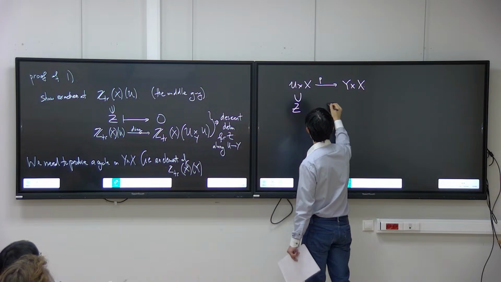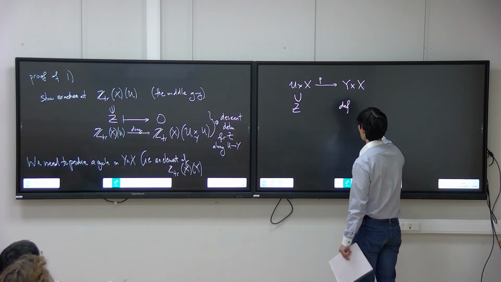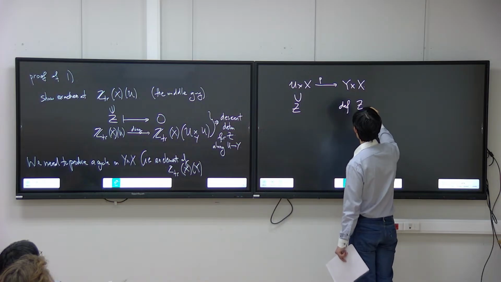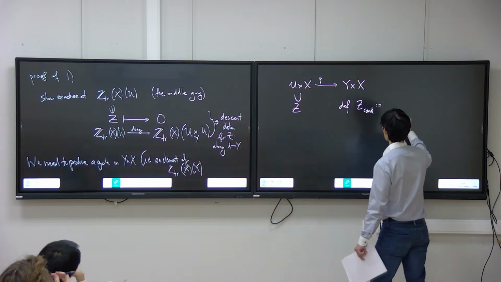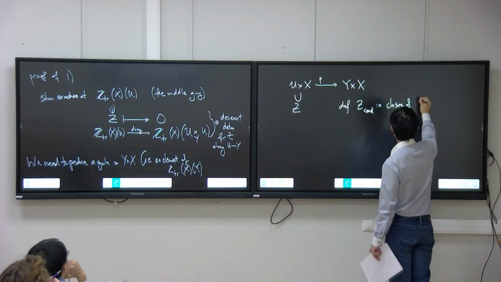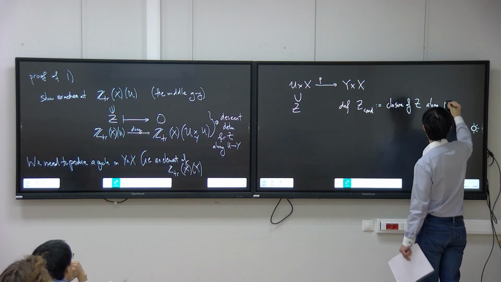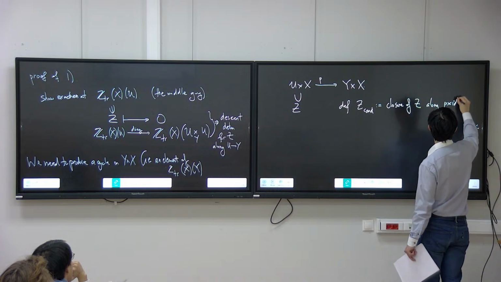So we can define z candidate to be just the closure of z along this map, along p times id(x).